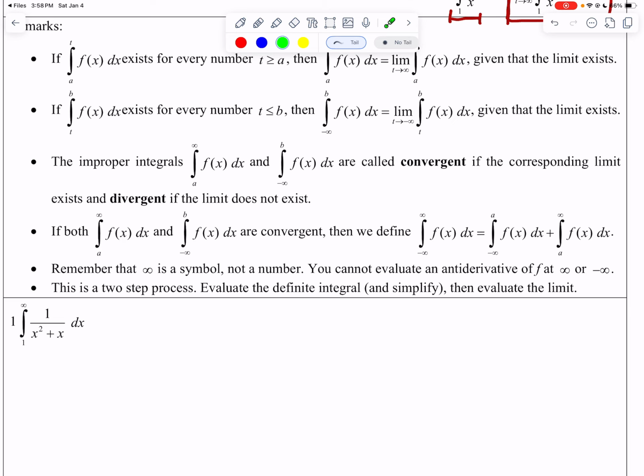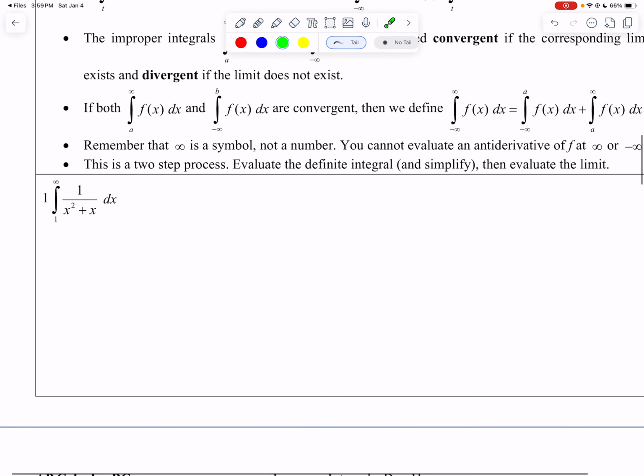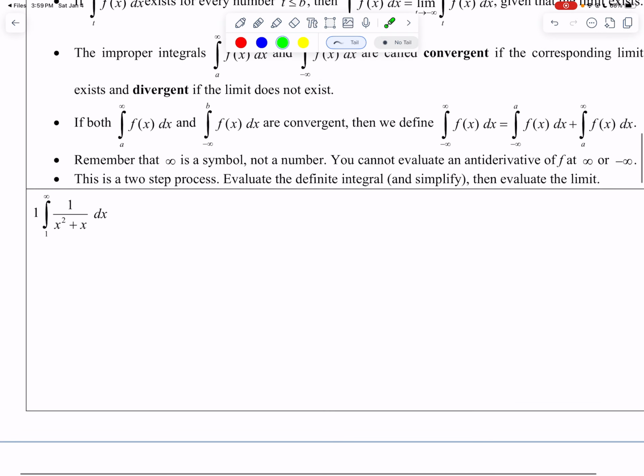We can't evaluate an antiderivative of f at infinity or negative infinity. So that's why we use the variable t in this case to represent infinity. This is going to be a two-step process. We are going to evaluate the definite integral and simplify it, and then we are going to evaluate the limit, proving that it exists.